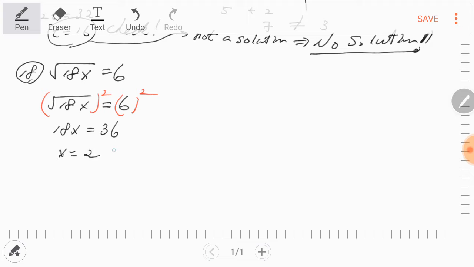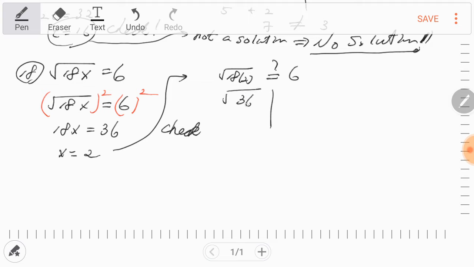Since we have 2, let's check if this is okay. Then square root of 18 times 2 should be equal to 6. It should be. This is square root of 36, which is 6. That is equal to 6. So the solution of this equation is x equals 2.